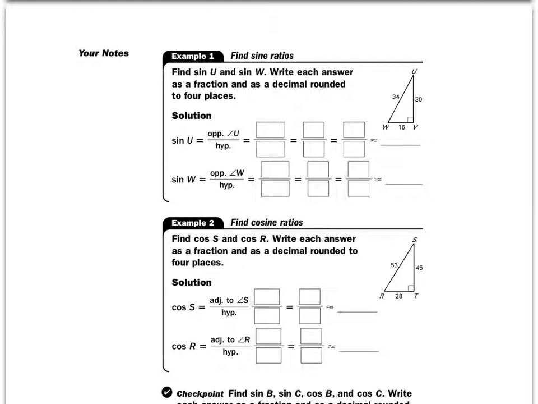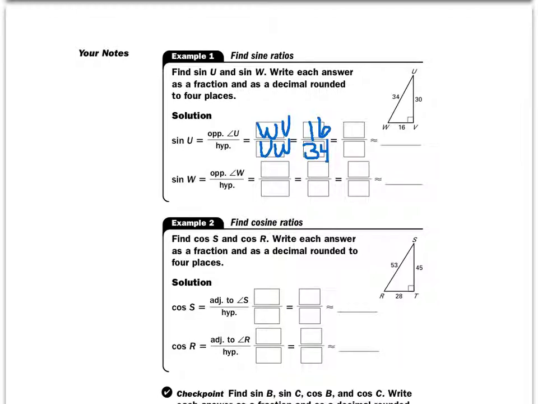Find the sine ratios. Sine of U. What's opposite of U? Well, it's the side WV. What's the hypotenuse of this triangle? It's the side UW. WV has the value of 16. UW has the value of 34.